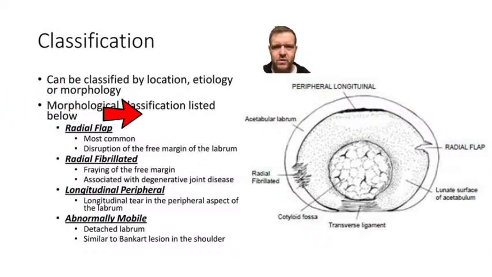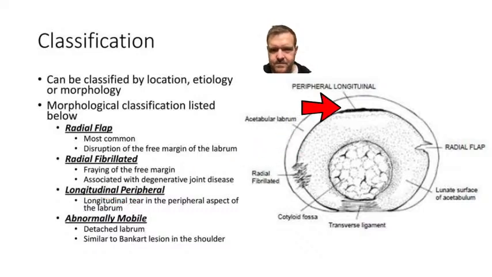The morphological classifications are a radial flap, which is like that, so a tear that way. A radial fibrillated, where it's kind of like a scuff mark, basically. Yeah, fraying. There we go. Associated with degenerative joint disease.